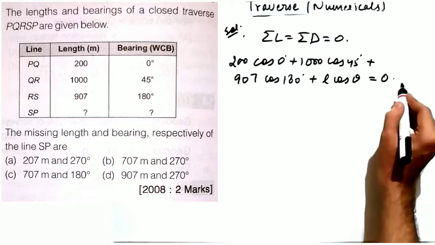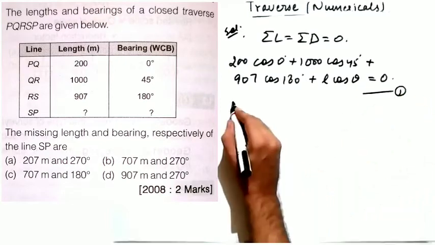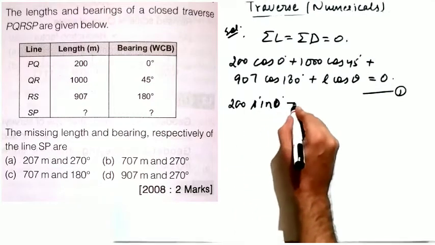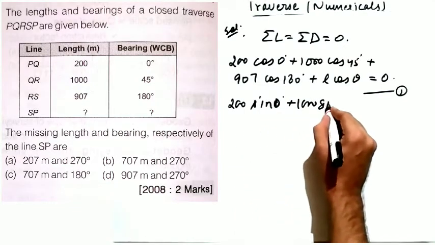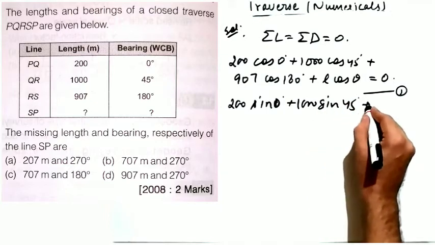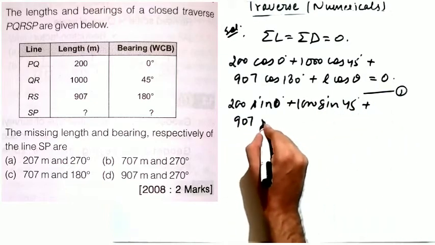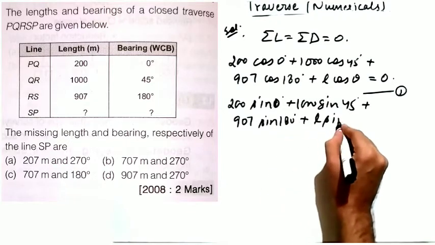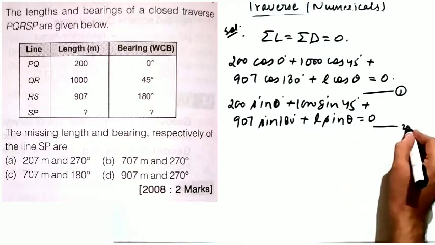It will be equal to 0. So this is equation number 1. Similarly, you can write equation number 2 in terms of sine. This is 200 sin 0 degree plus 1000 sin 45 degree plus 907 sin 180 degree, plus L sin theta will be equal to 0. This is the second equation.